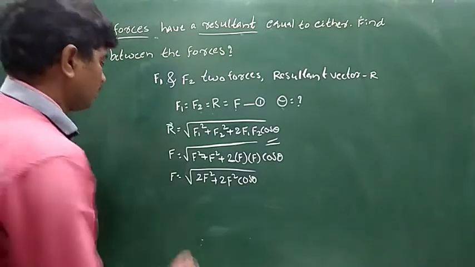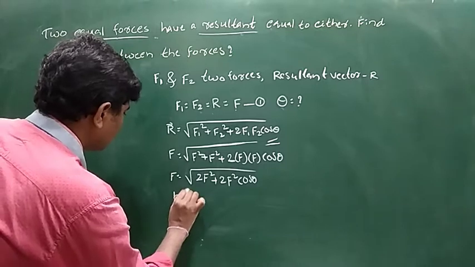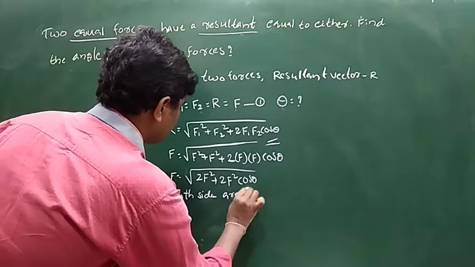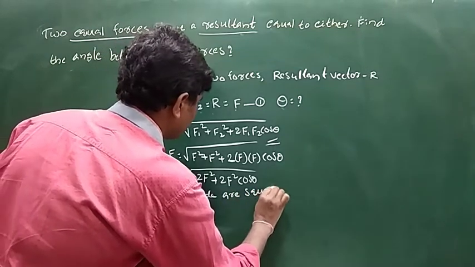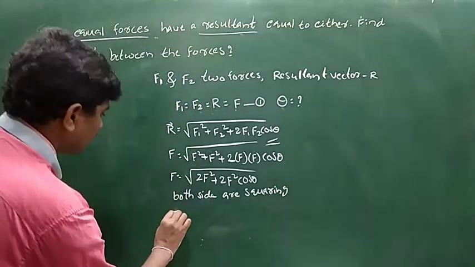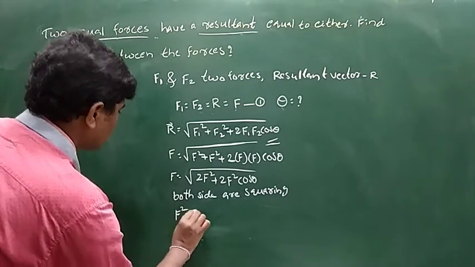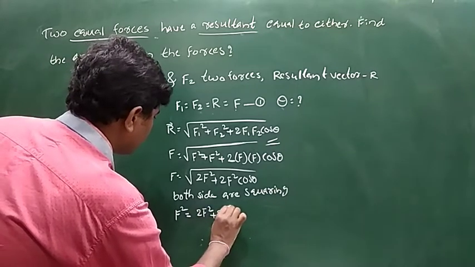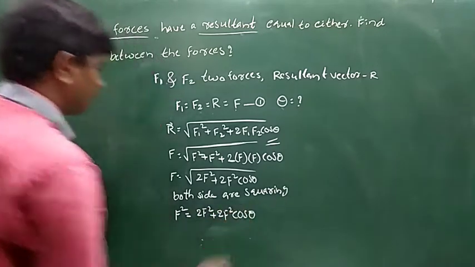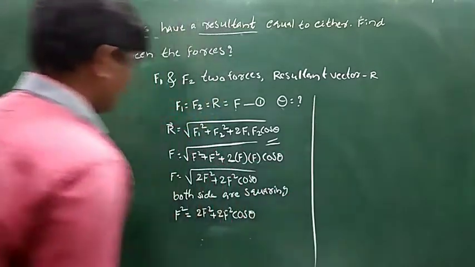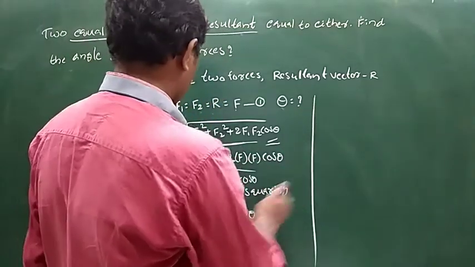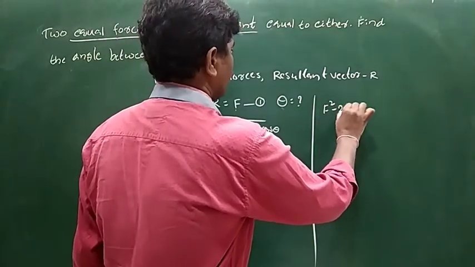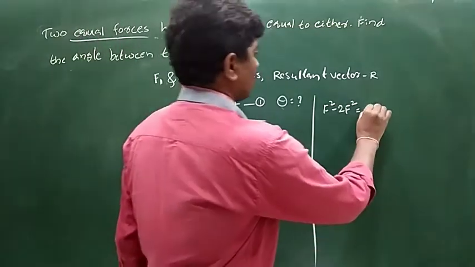Both sides are squaring. F square equal to 2F square plus 2F square into cos theta. F square minus 2F square equal to 2F square cos theta.